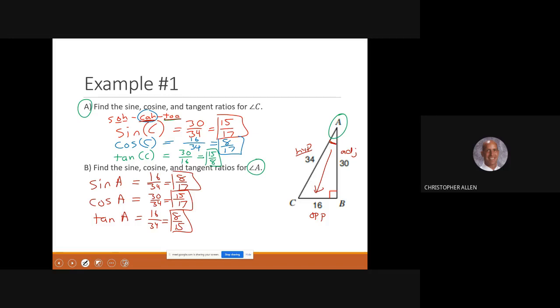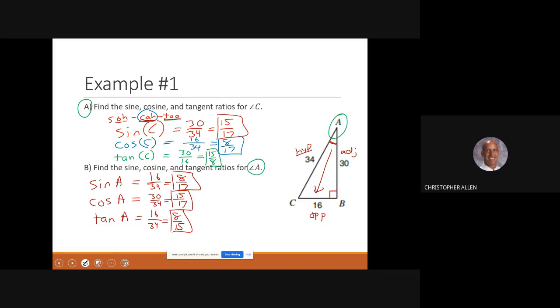Does anybody have any questions on that? Does anybody notice anything interesting between the answers for part A and part B?